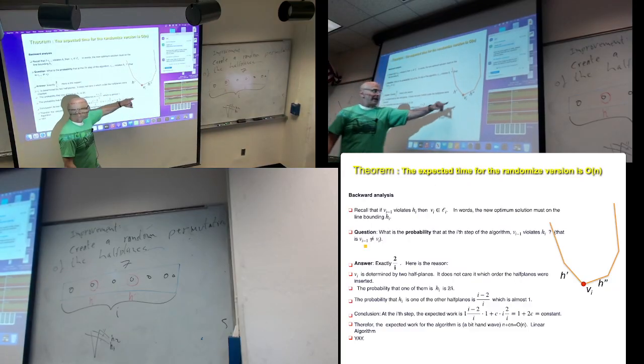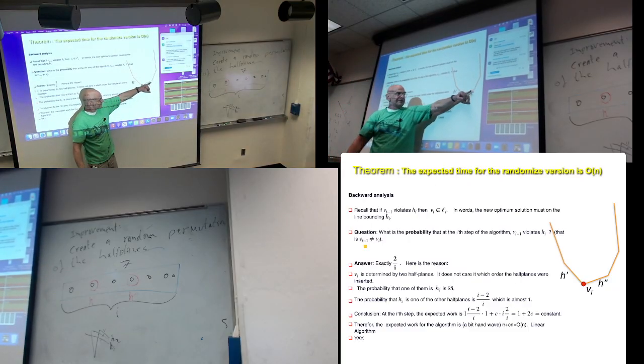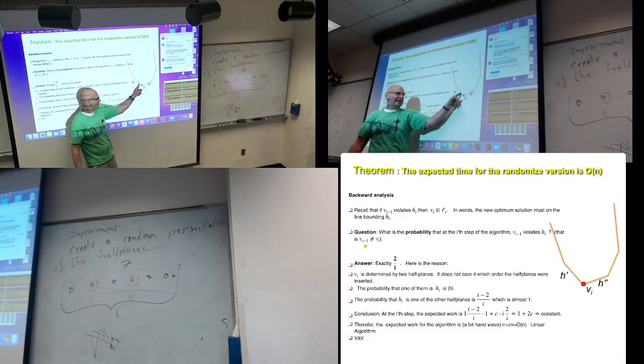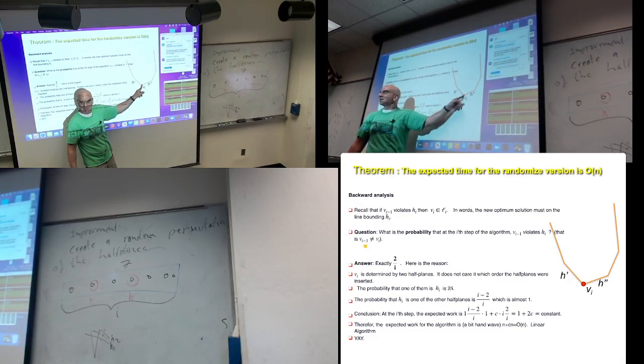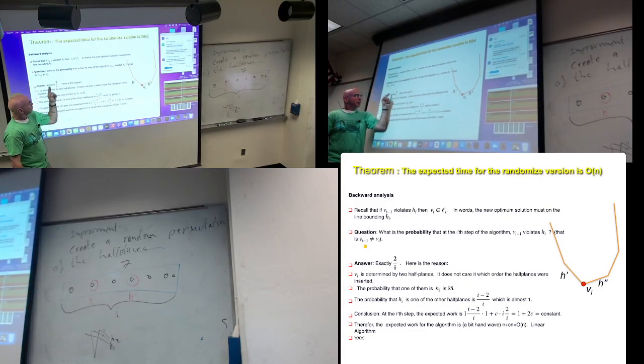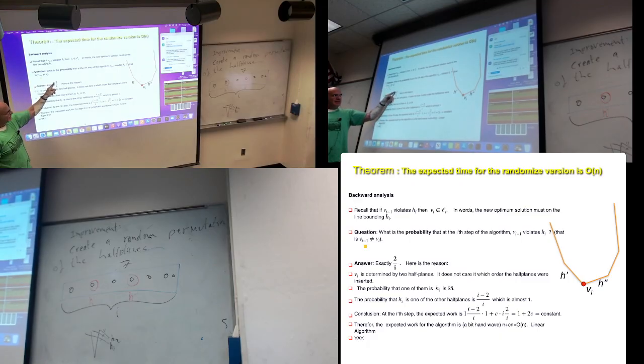There is a 1 over i, 1 over 7 chance that I'll delete this guy. There is a 1 over 7, 1 over i chance that I'll delete this guy. That is, the probability that I deleted one of the two that determine the optimum is 2 over i.